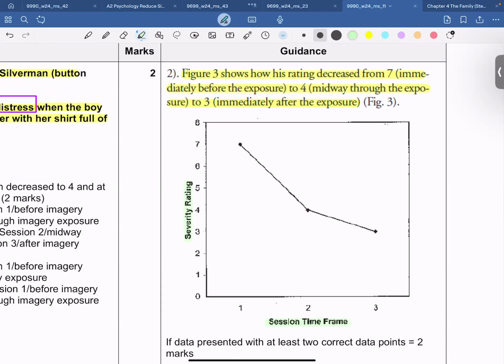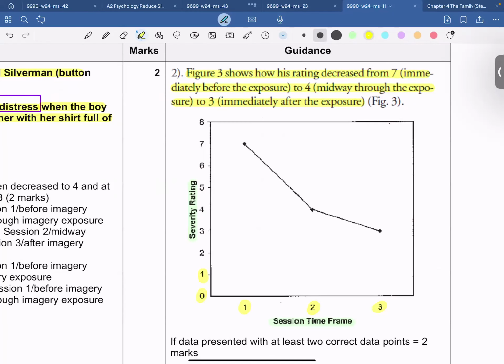So we have session time frame and severity rating. This has to do with the time frame, and this has to do with the severity rating 0, 1, 2, 3, 4, 5, 6, 7, 8. Now, having a quick look, this is around 7, this is near 4, and this is near 3.